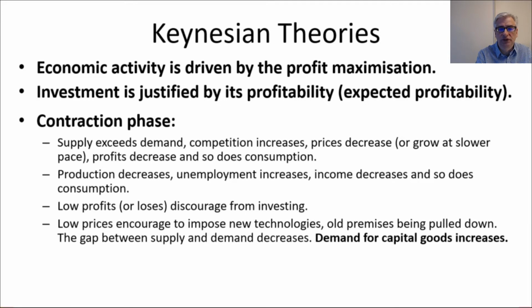Autonomous in the sense it does not depend on income. It does not depend on GDP, you could say. But when we talked about macroeconomic equilibrium, we never mentioned what investment actually depends on. So investment depends on its profitability. In fact, we talk about expected profitability here.